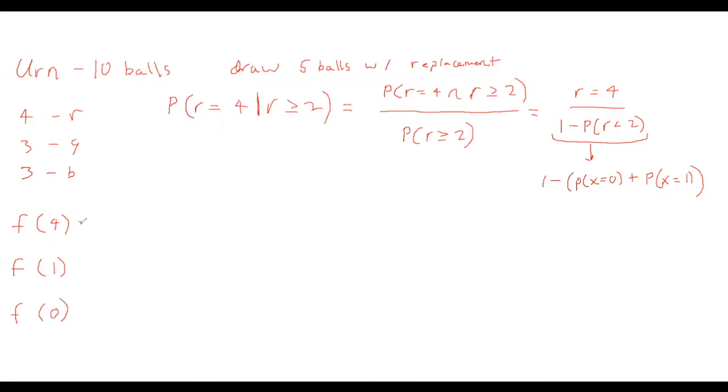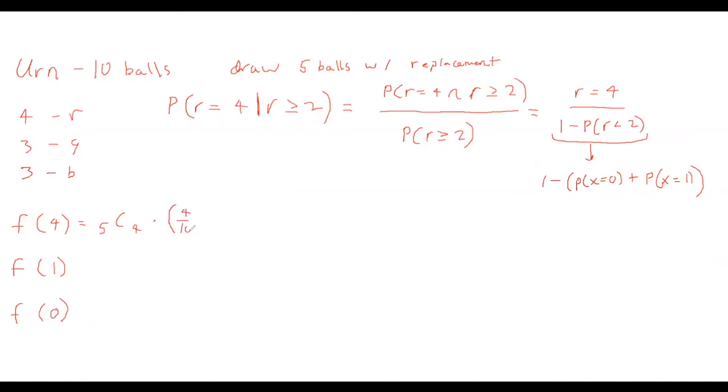Okay, so even though there are 10 balls in the urn, that only tells us about the probability. Our number of trials is going to be 5. So we're going to have 5 choose 4 times the probability of success. The probability of success is going to be the number of red balls divided by the total number of balls, so 4 divided by 10.